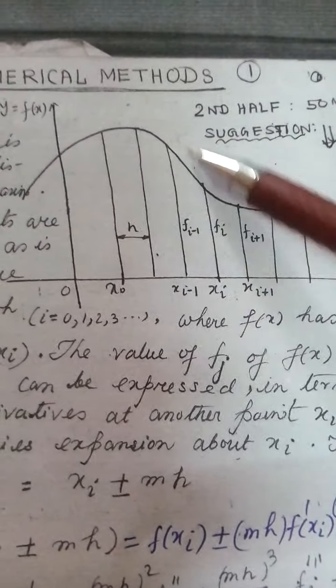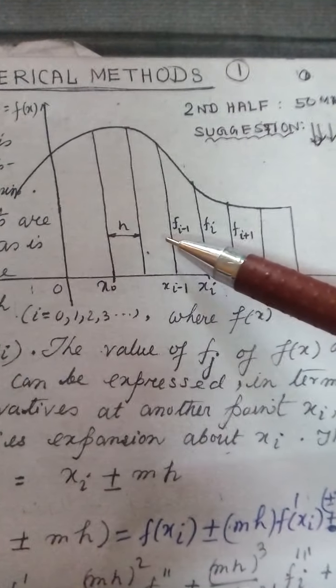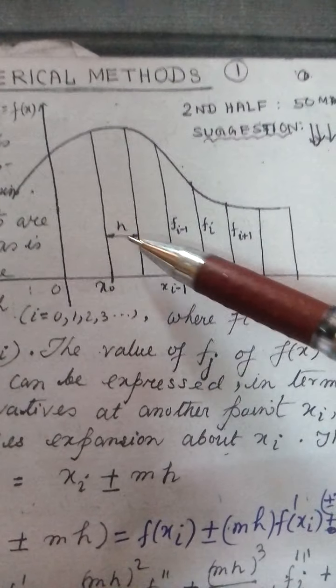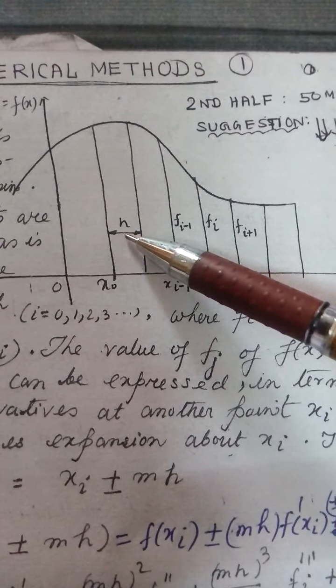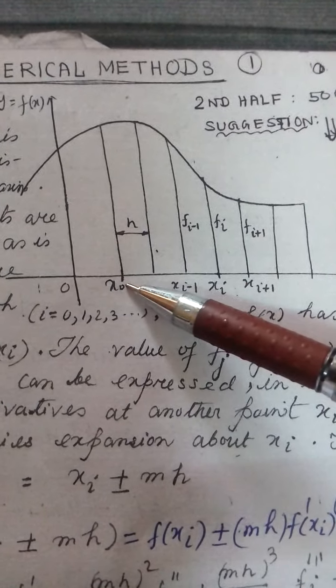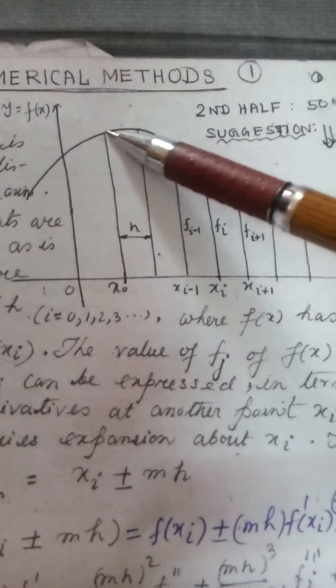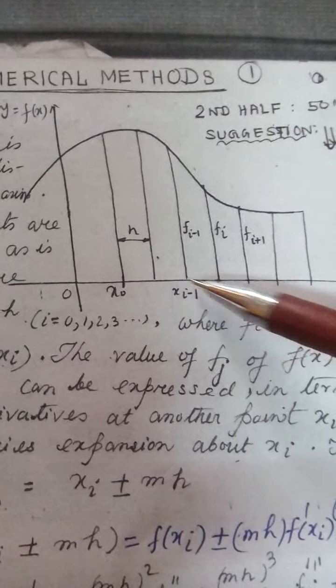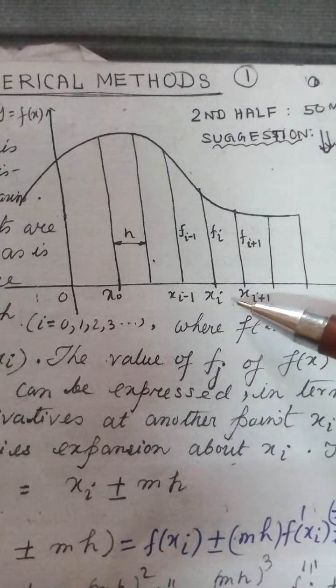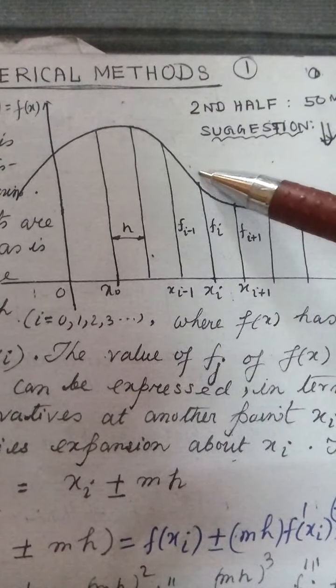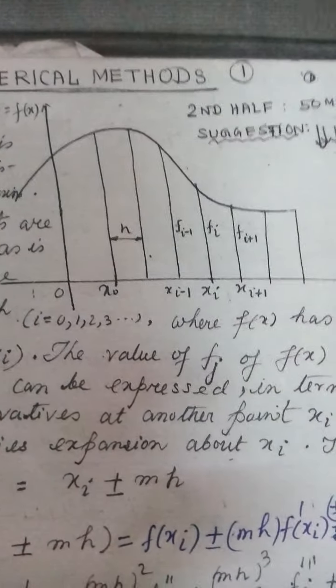Now this is the function, and this is the equally spaced strip cut out. The distance is h. When x is equal to x naught, this is the y value, and in this way x is equal to xi. This is the value fi.